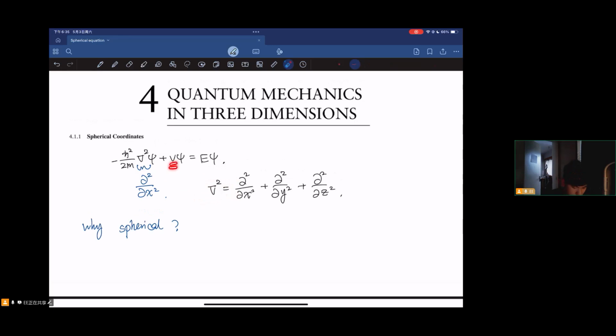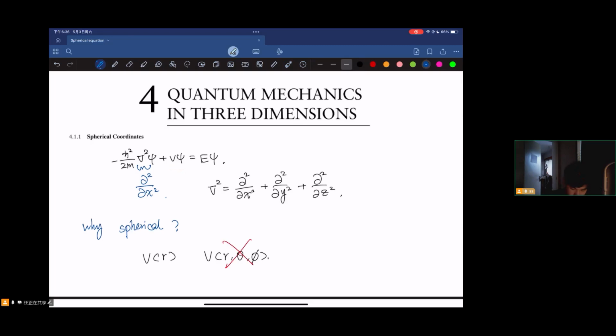That's because most of the time, and also in this case, we can assume the potential energy is only related to the radius. So it's not related to the angle, right?